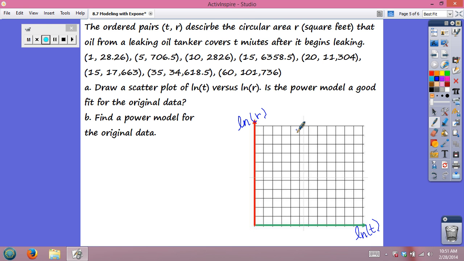Once again, I'm going to do one point. I know that you know how to plug in this value into your calculator, and if you need a little reminder, there's a button that says LN. Push that, push the number, and hit enter. So we'll do the first point. ln of 1 equals 0.